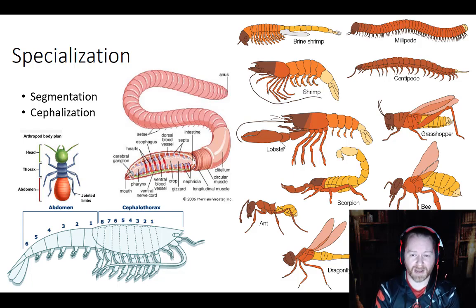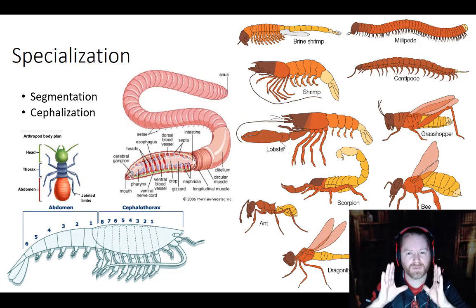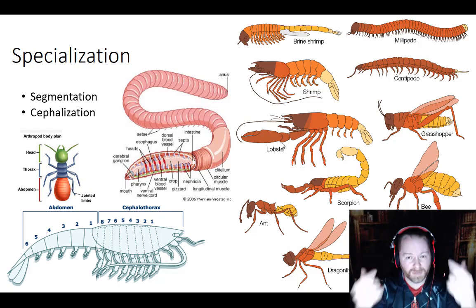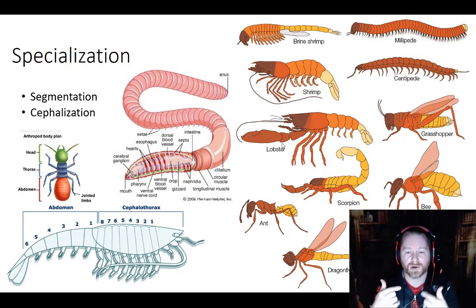As animals got more complicated, it became kind of important to make sure that you had a head, and in that head is usually most of your sensory organs, and that head was at the front, the anterior part of the body. So that way it's in front of us because that's the side of our body that we first encounter the world with, so it makes sense to have our eyes, our nose, and our mouth on the front part of our body.